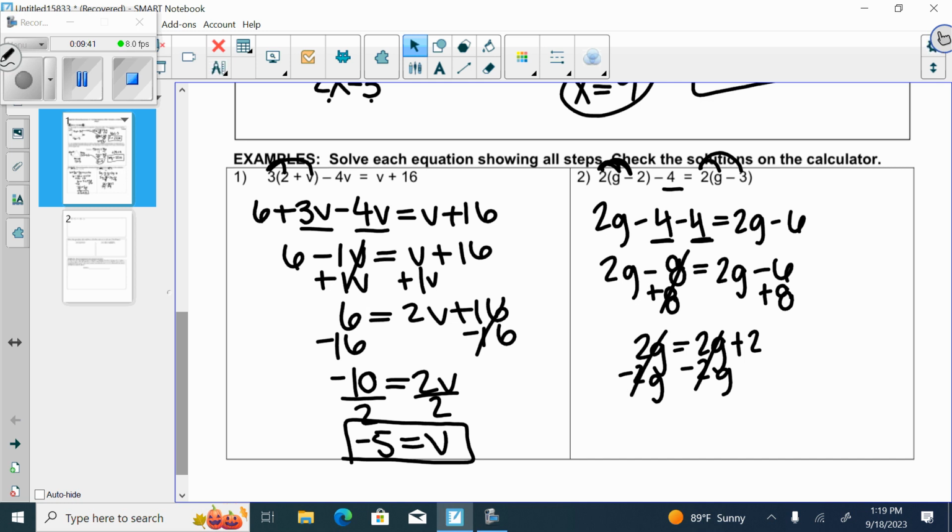It's gone, right? So now I have 0 equals 2. But does 0 equal 2? No. Because this is not a true statement, I would have to say this is false. Therefore, my answer is no solution.